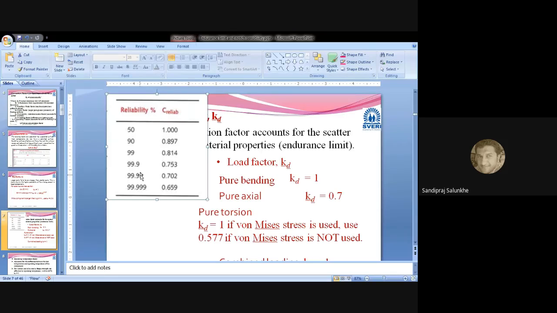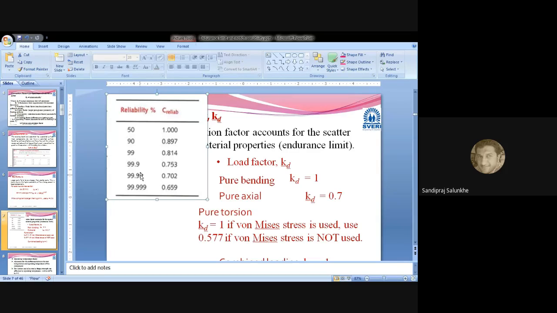Here the reliability is mentioned in percentage. If you say the reliability is 50%, that means when we conduct the test 10 times, 5 times we get the same results and 5 times we get different results. That's why it can be called 50% reliable. Likewise, we can have 90% reliable and 99% reliable.